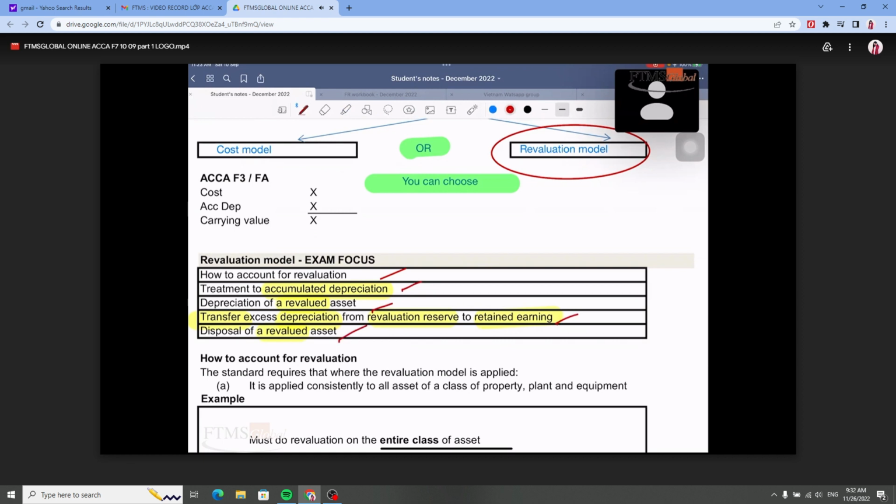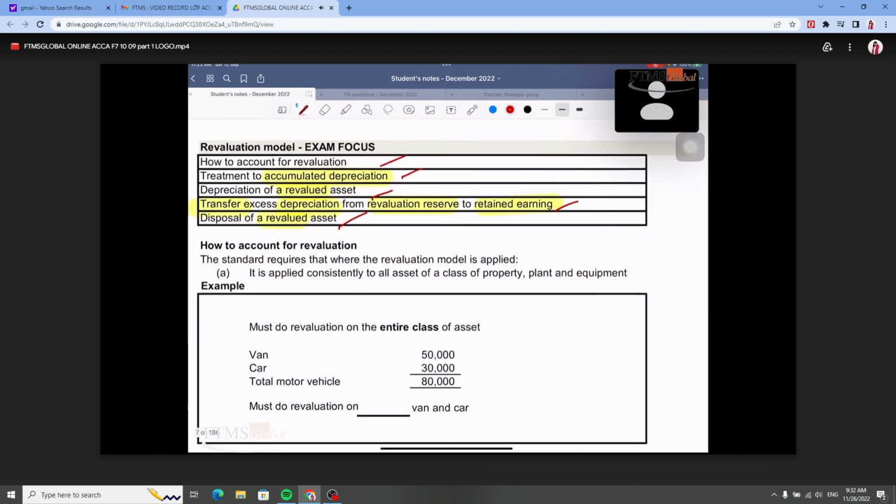Okay, so some ground rules, how to account for revaluation. First thing is, if you have chosen revaluation model, you have to apply it to the entire class of the asset.